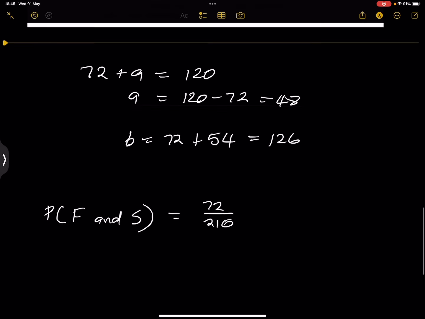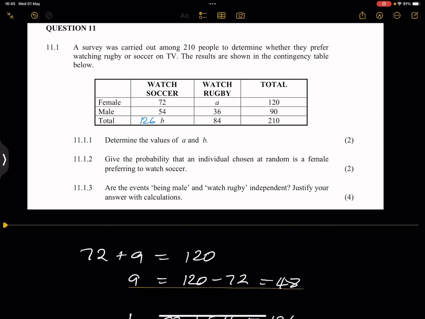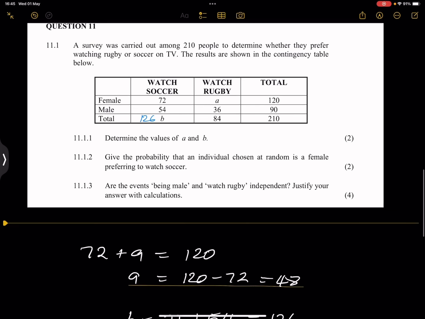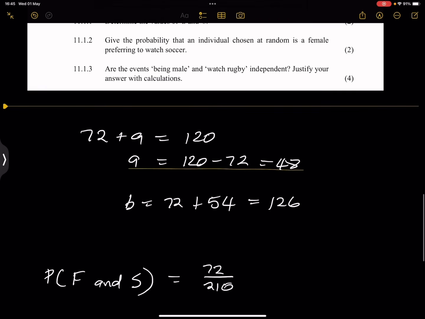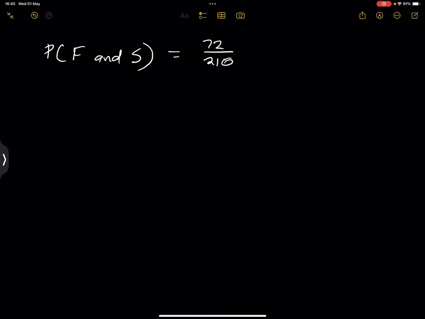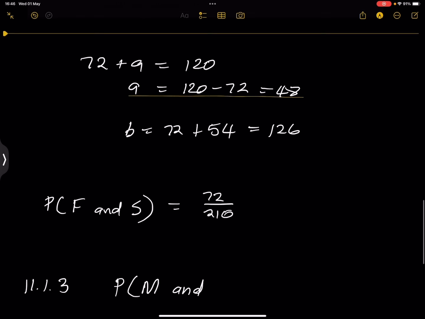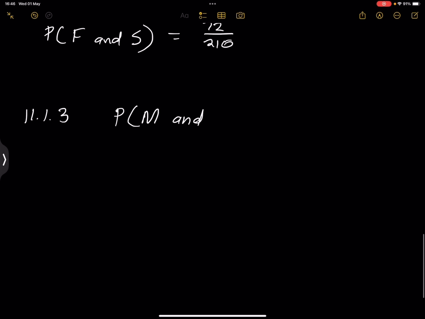Okay, right, and then they say other events being male, and watch rugby, independent, and we need to justify our answer with a calculation. Now remember, so that's 11.1.3. So the probability of being male, and they said watching rugby.